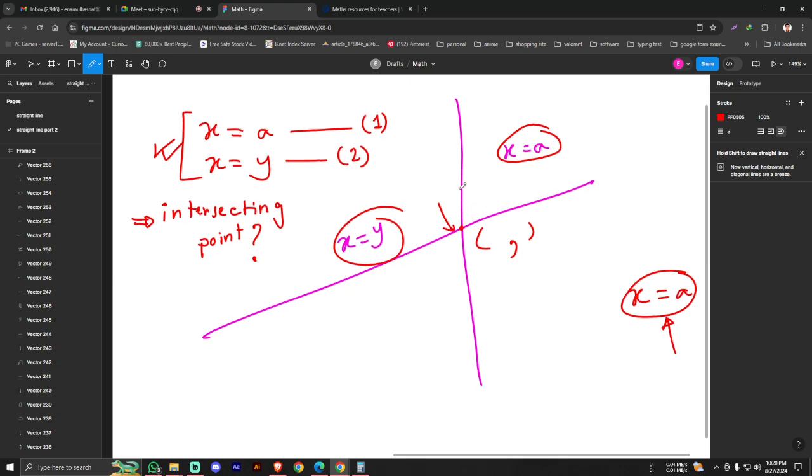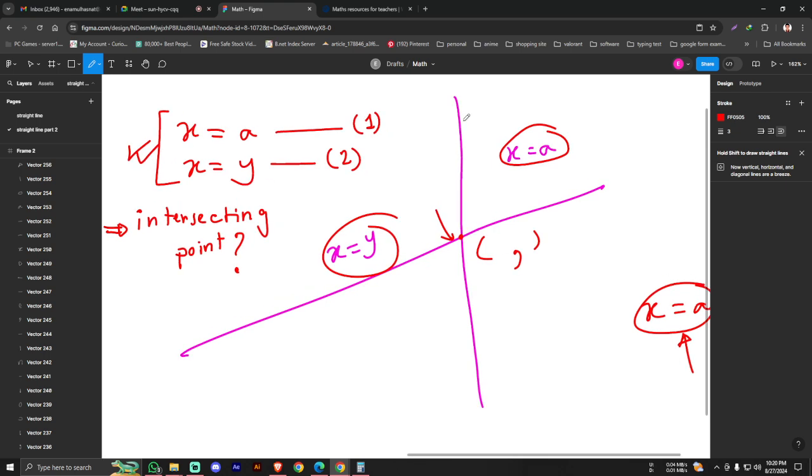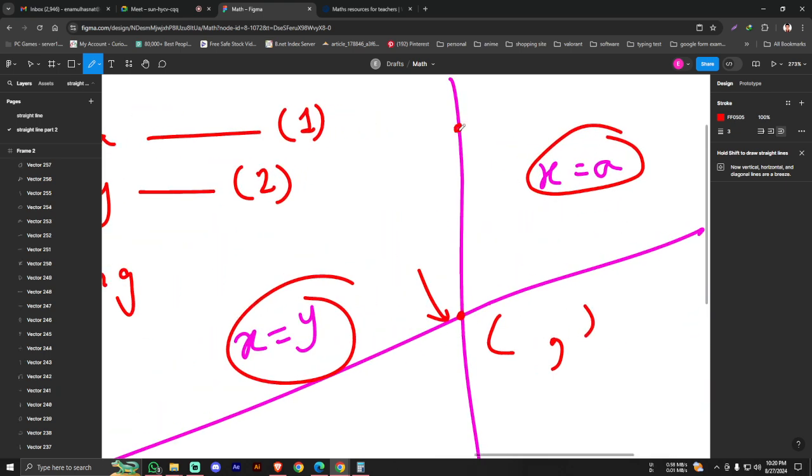So any point, even if you take this point right here, what is the value of x? A. You can write a. Doesn't matter what the y is. This line is basically a and the value of x is always a.